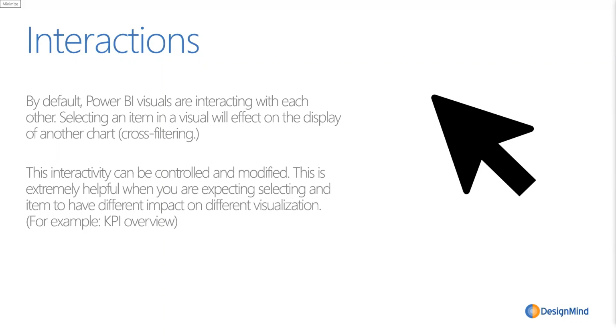Rather than clicking on certain countries and having that visualization get filtered to whatever countries you have selected, you just want it to be the whole world or the whole population. You can use interactions to cancel the interaction between different visualizations, so that when you click on something, it will not affect the other visualizations.